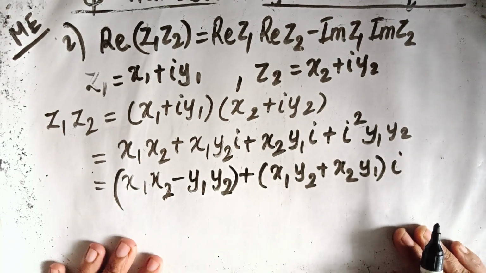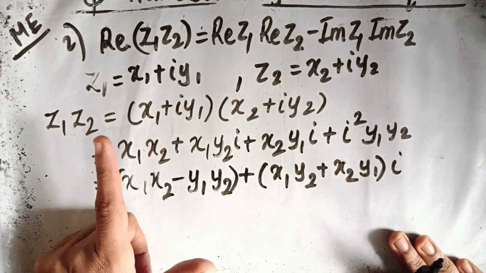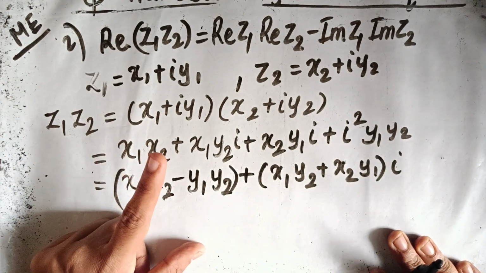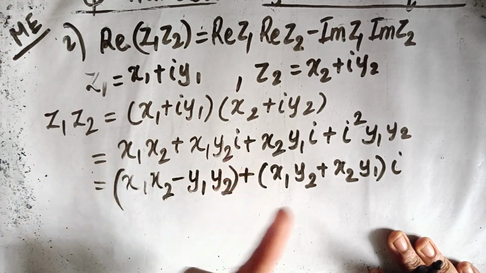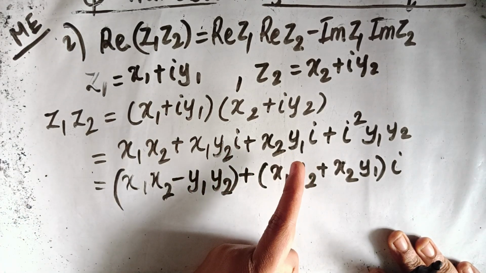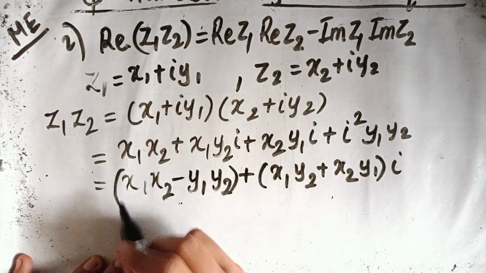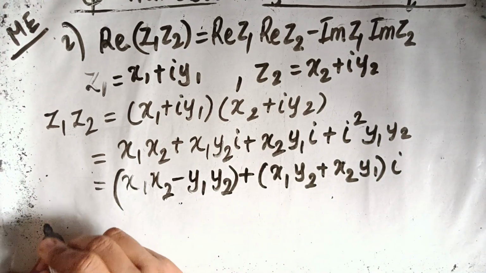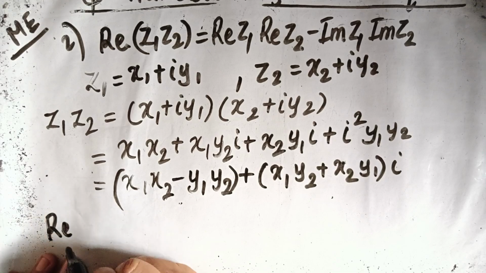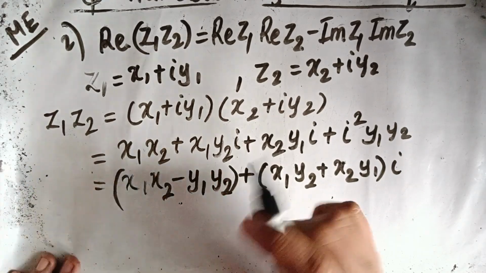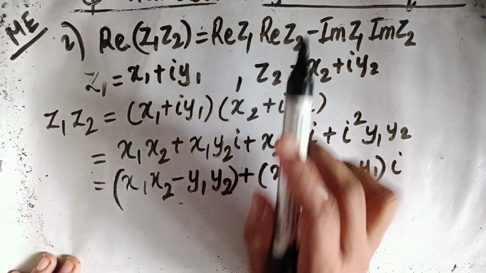Okay. So we have to prove that real part of z1 z2 is equal to real part of z1 real part of z2 minus imaginary part of z1 imaginary part of z2. So this is your real part and this is imaginary, correct? So real part of z1 z2 is this.